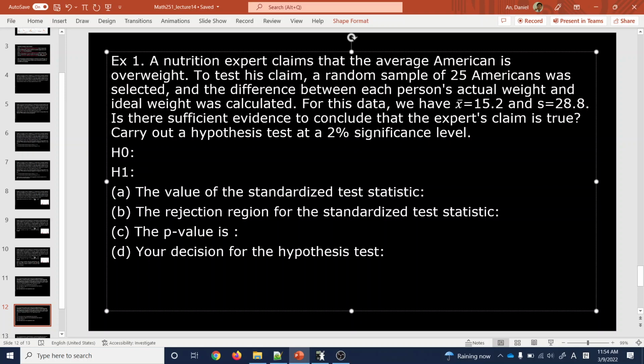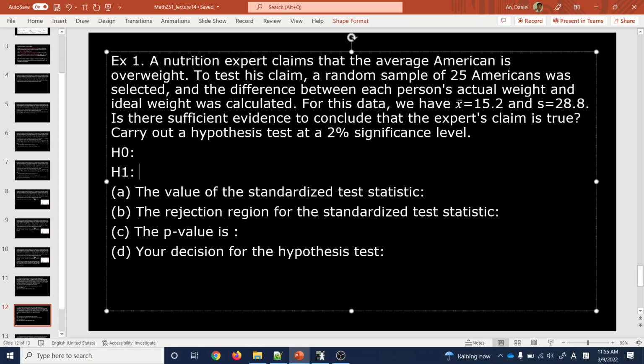That's what you want to prove, right? So what should be the null hypothesis? What's the opposite of that? The opposite will be not overweight. If you want to prove that something's overweight, the opposite will be not overweight.